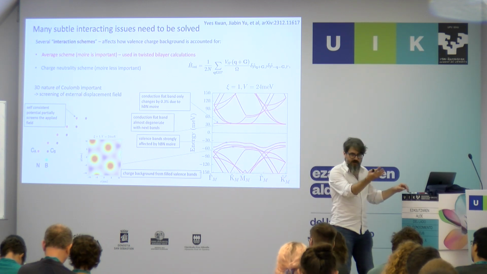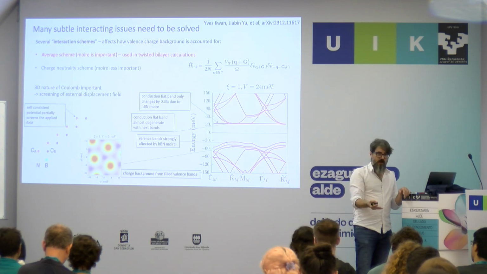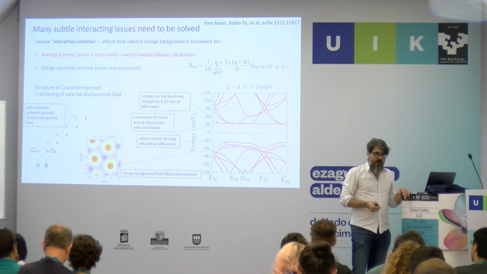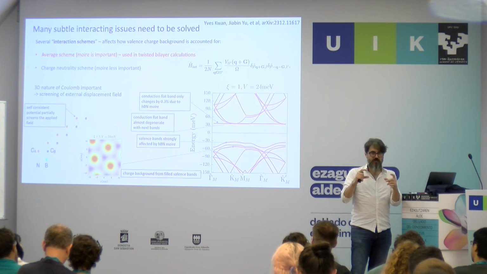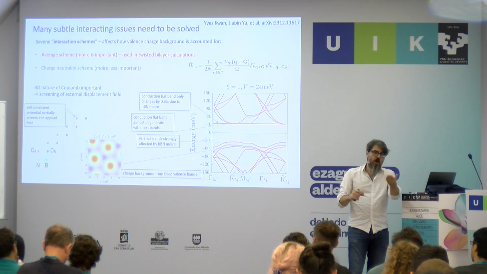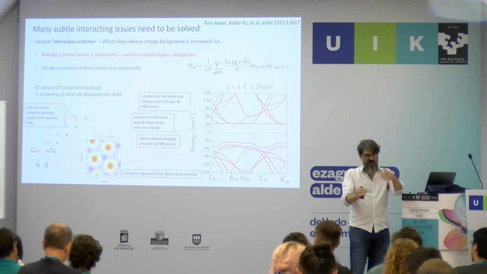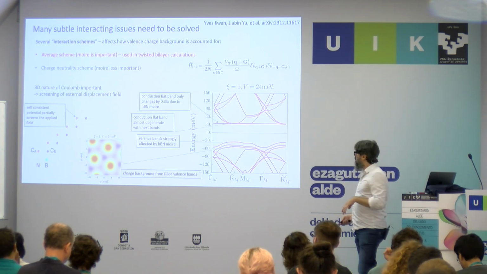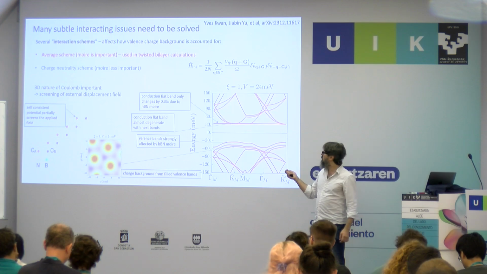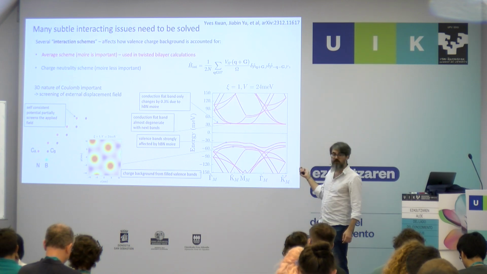And then you fill up some valence bands, and then you ask, what's the interaction as I fractionally fill some valence bands? And that interaction is basically just a projection into the bands below the gap, because you fill it up with holes. So one can obtain the same interaction scheme here, which would be just projecting into these bands. You take the interaction.